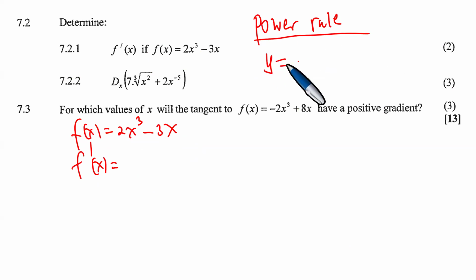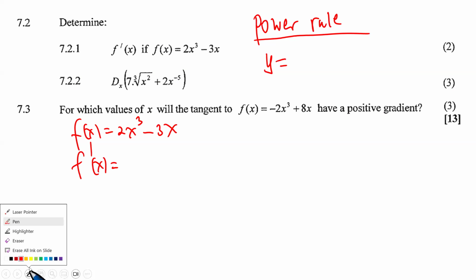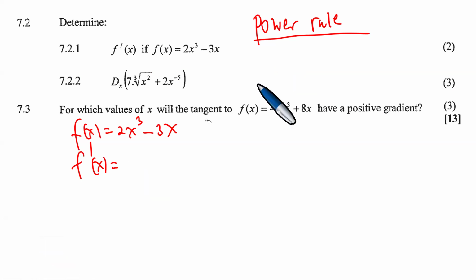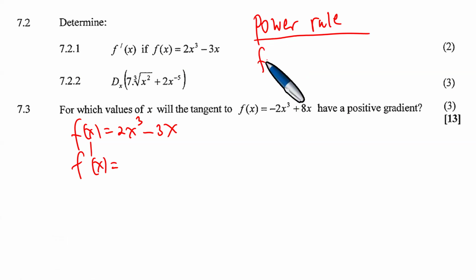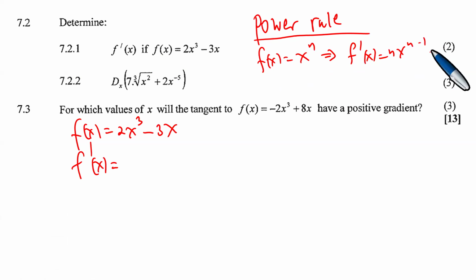I state this in terms of f of x, so let's do the same. It is common practice that the examiners always use the same notation. f of x equals x to the power n implies that f prime of x is the same as nx to the power n minus 1.